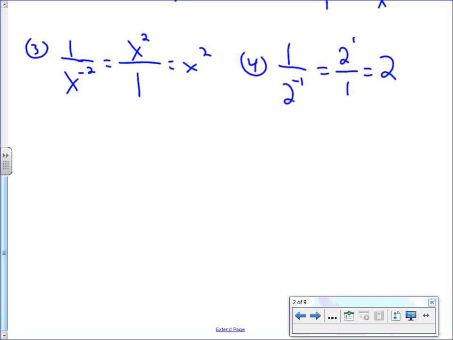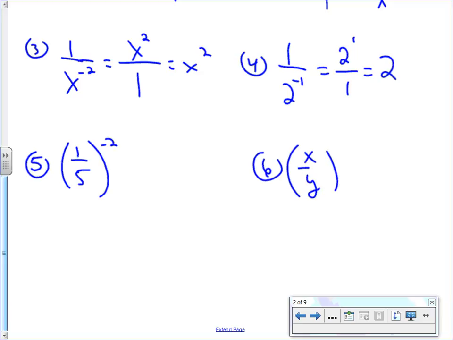And 2 more examples. You do one with a number. And then I'm going to do one that's got just variables. Okay, these are fractions. So when you do a reciprocal, this negative right here tells you to do the reciprocal.